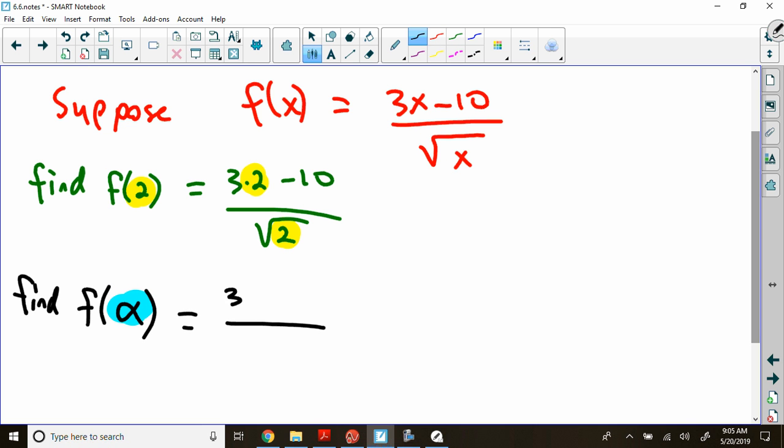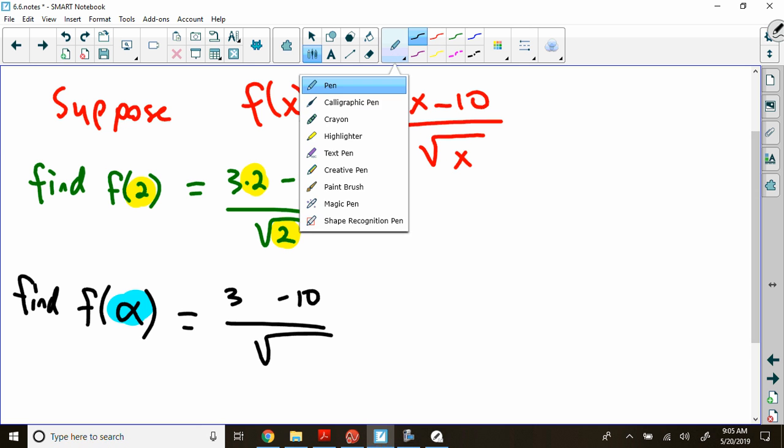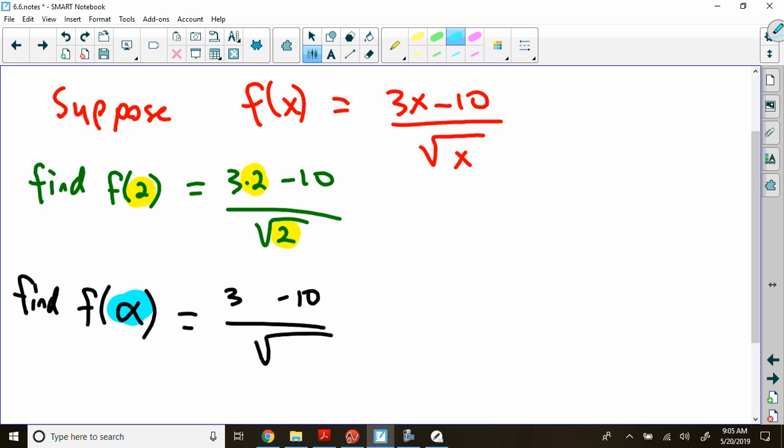So we're going to have 3 something minus 10 all over rad something. We're going to have 3 what? It's a Greek letter alpha, so 3 alpha minus 10 all over the square root of alpha. People all of a sudden, when you start throwing variables in here, they get freaked out. Don't get freaked out. It's the same thing.